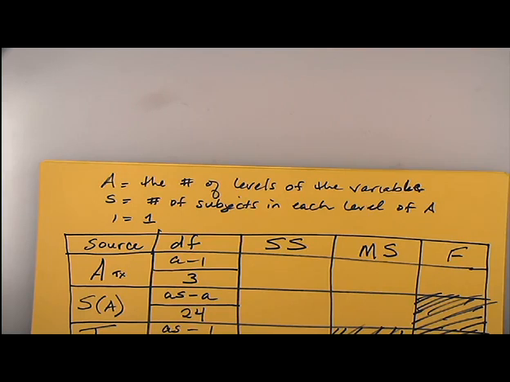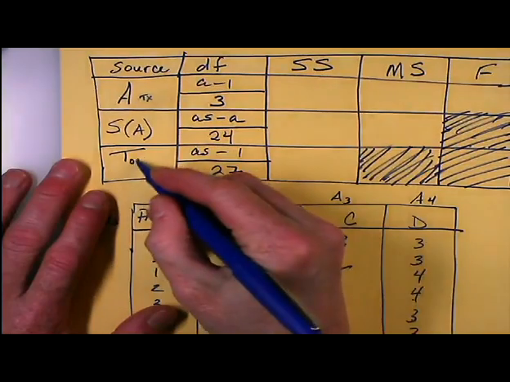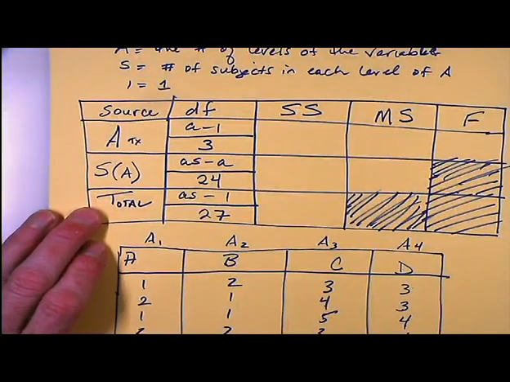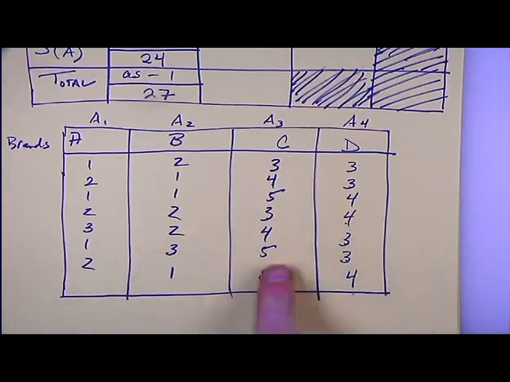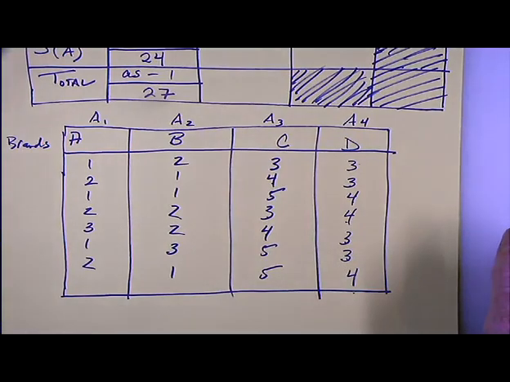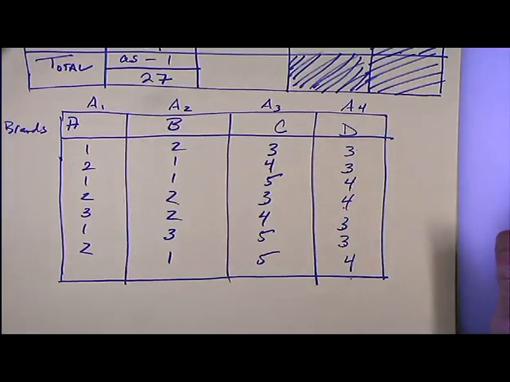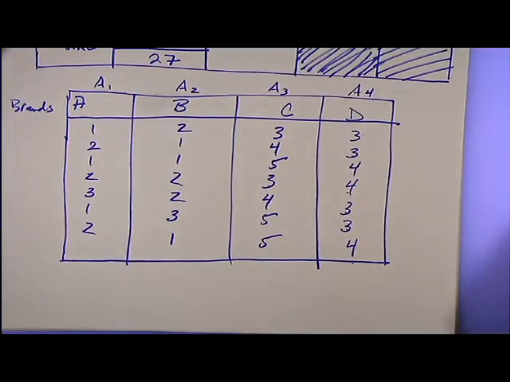How many subjects are in each of these boxes? Count again. There's 7.